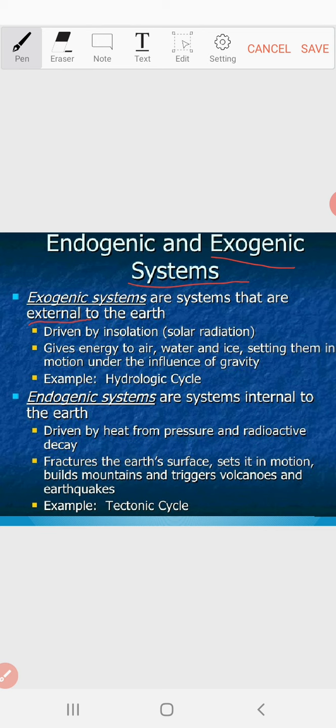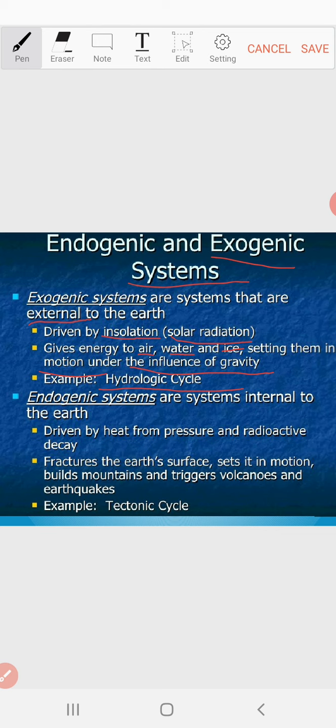Basically the source of energy is insolation or solar radiation, and this energy is transmitted to air, water and ice. And one more force is the influence of gravity. They are continuously creating the motion for all these masses or agents that help create the exogenic system. The best example is the hydrological cycle.